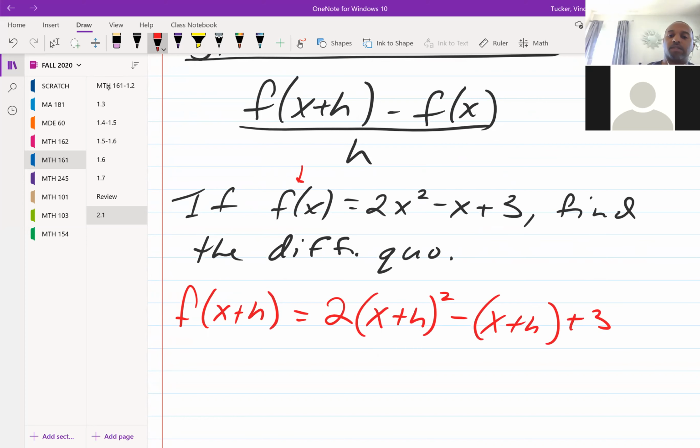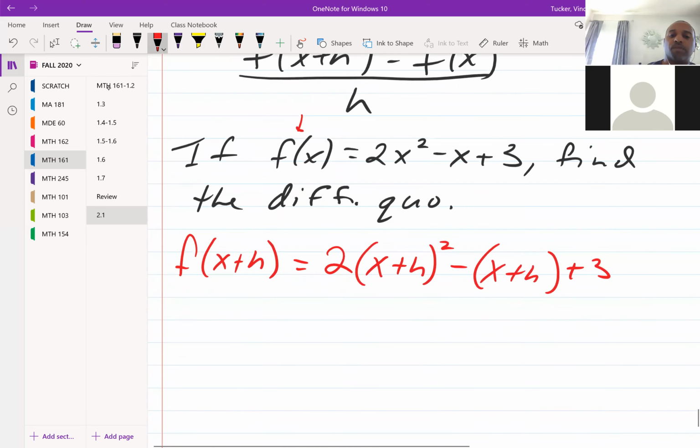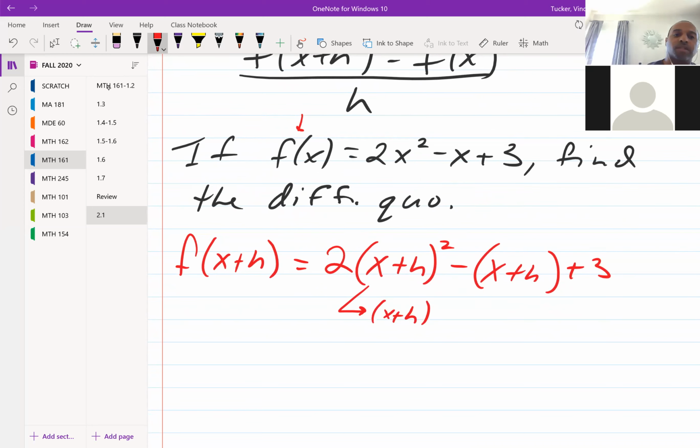All right. And don't forget, you need to expand this out. That's x plus h times x plus h.